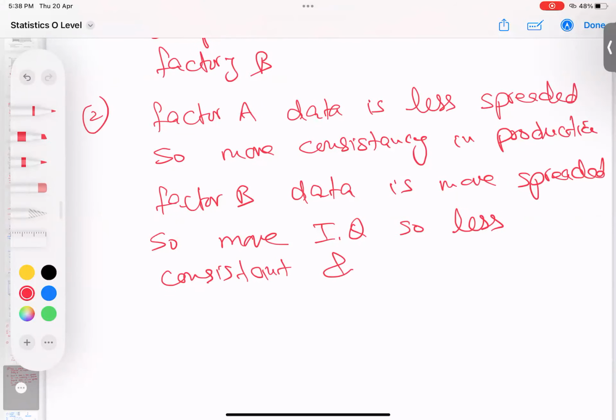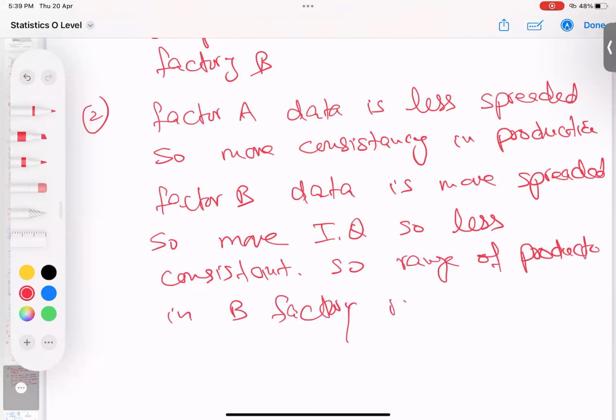And for factory B, it means the range of production of components is more. So range of production in B factory is more. Like they make more masses, more gap.